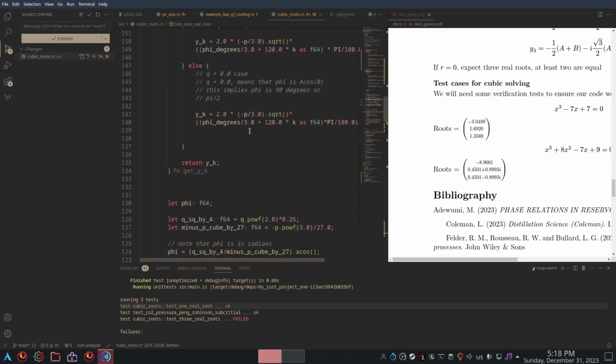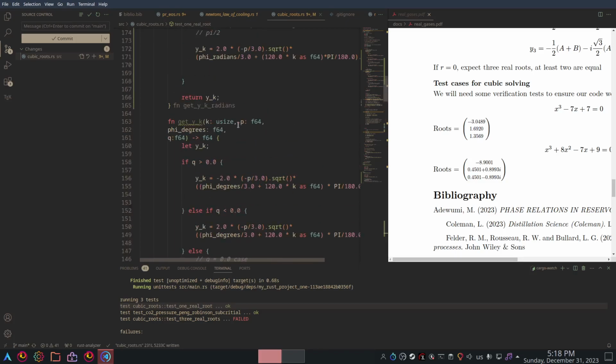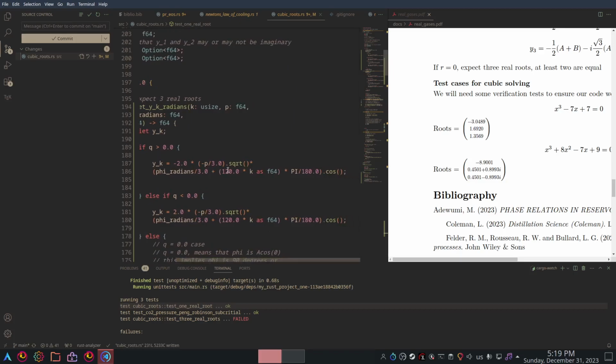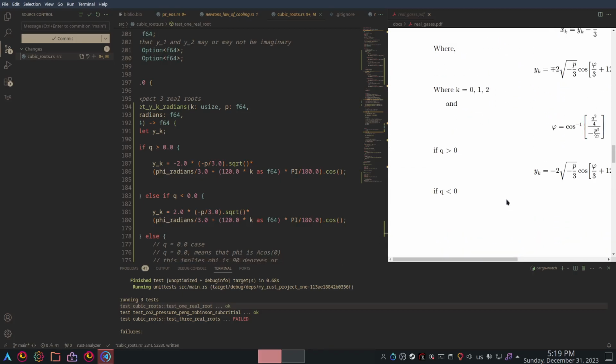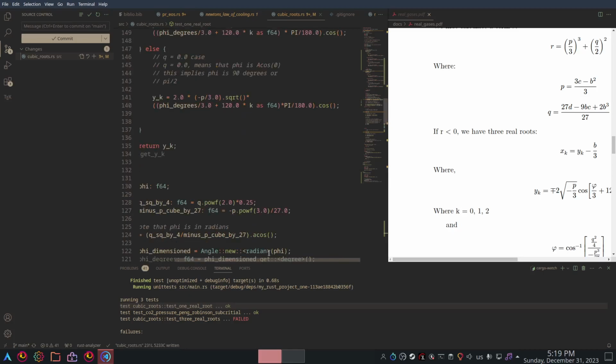We saw that in debugging. To test that, I coded another function that takes phi in radians so that I don't convert between radians and degrees as many times. The only time I convert from degrees to radians is using this 120 times pi over 180. Unfortunately, that does not really help.